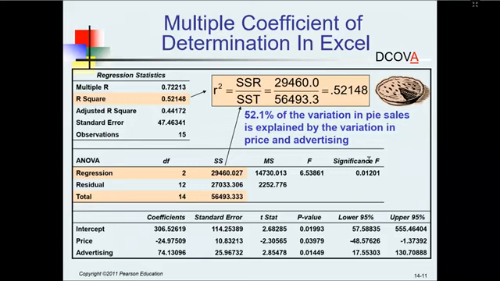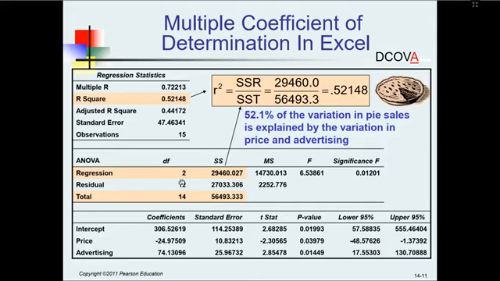So you subtract 52.1 from 100, and that will give us about 47.9. Great. What it means is that other factors apart from price and advertising are contributing about 47.9% to the total variation of sales.